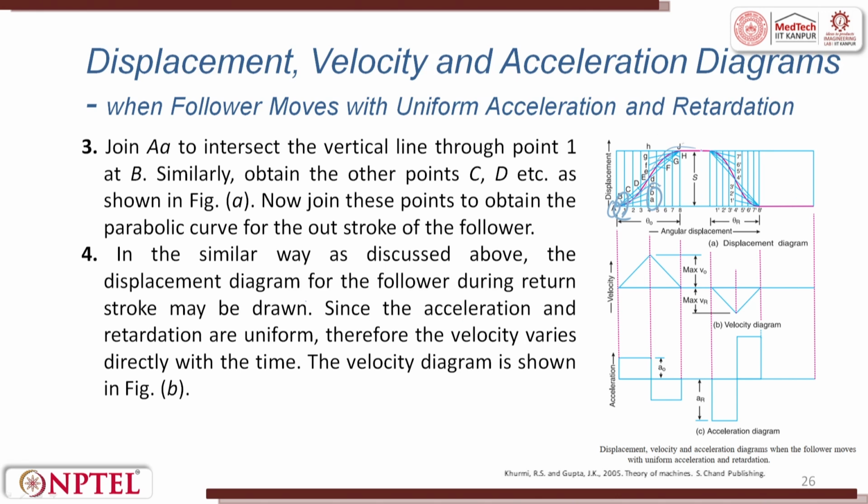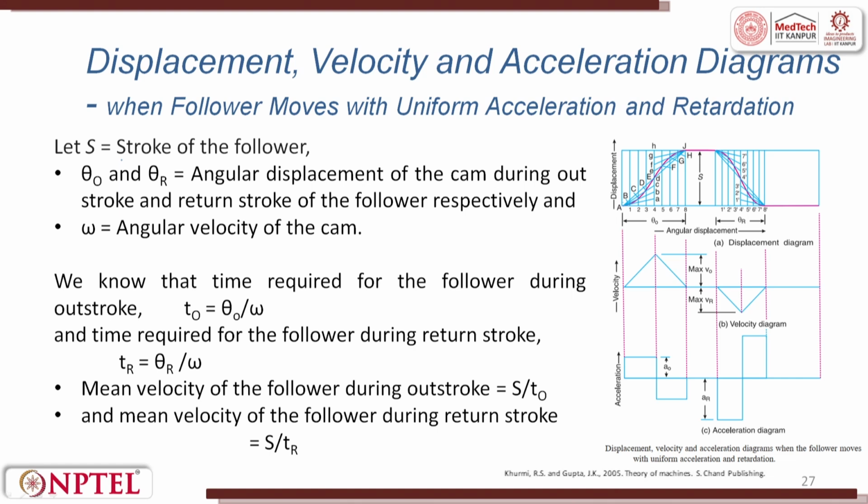Since acceleration and retardation are uniform, the velocity varies directly with time. The velocity diagram is shown in B. The stroke length is S. Theta O and theta R are the angular displacements of the cam during the outstroke and the return stroke.